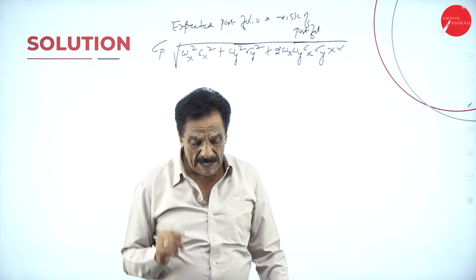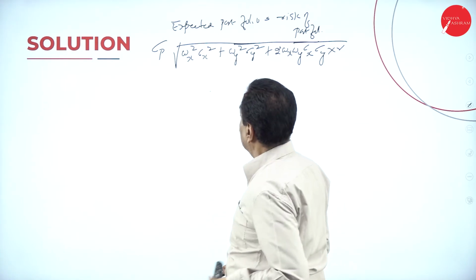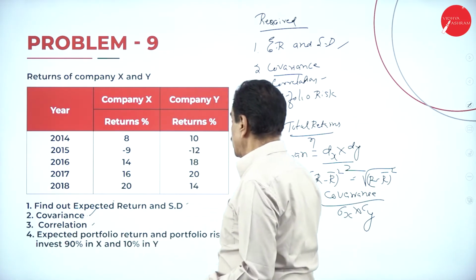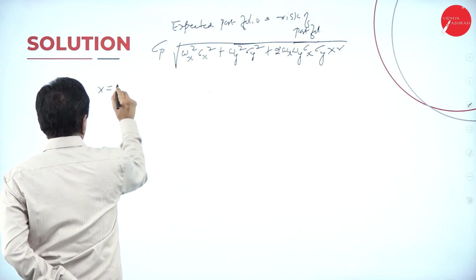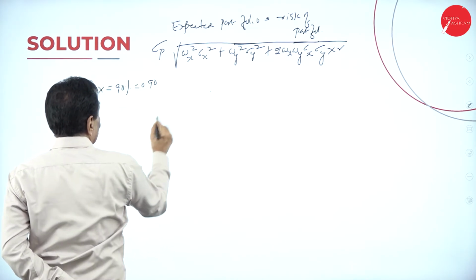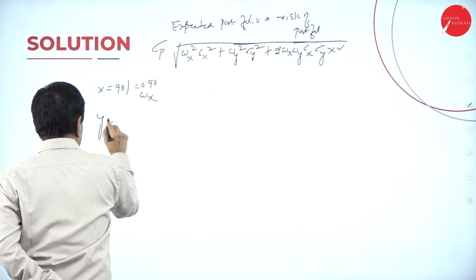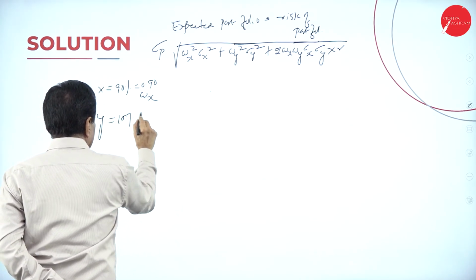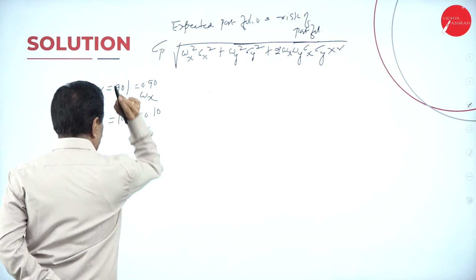That we have to apply now slowly. What's the weight? We'll see that. So 90%, 10%. x, 90% is equal to 0.90. This is your Wx. Y, 10%, 0.10. This goes in favor of Wy.